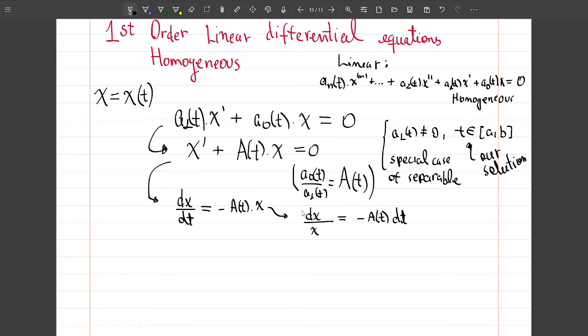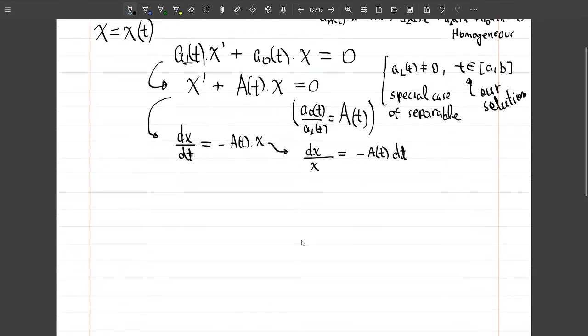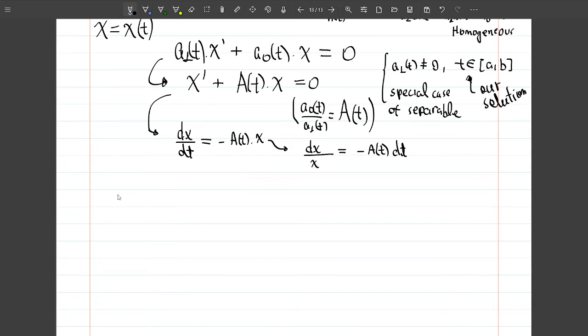This is almost our solution, because now we just have to integrate both sides.